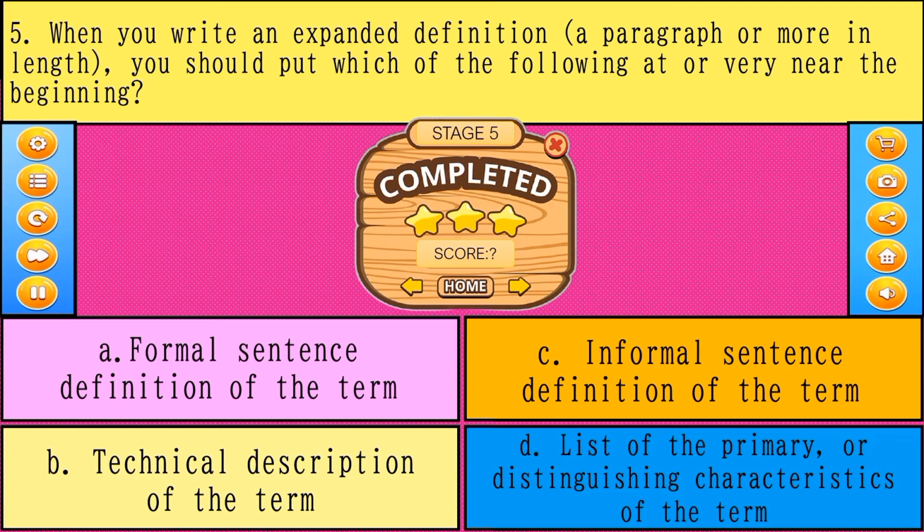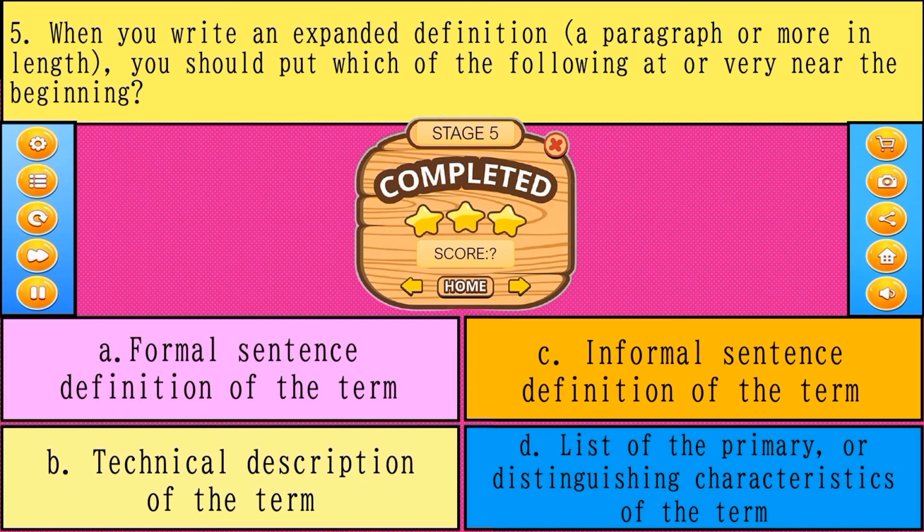Number 5. When you write an expanded definition, a paragraph or more in length, you should put which of the following at or very near the beginning. Letter A, formal sentence definition of the term. Letter B, technical description of the term.